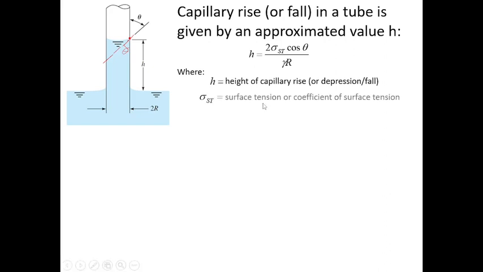Sigma is the surface tension or the coefficient of surface tension. Gamma is the unit weight or specific weight of the liquid. Theta is the contact or wetting angle. R is the radius of the capillary tube.